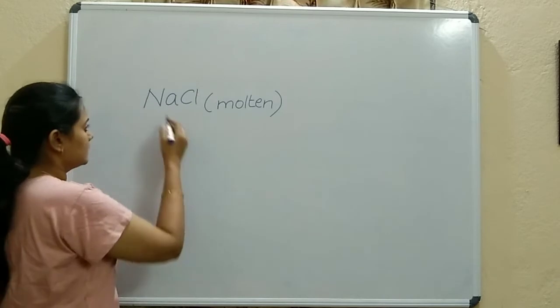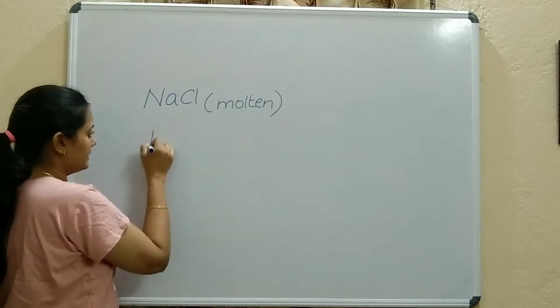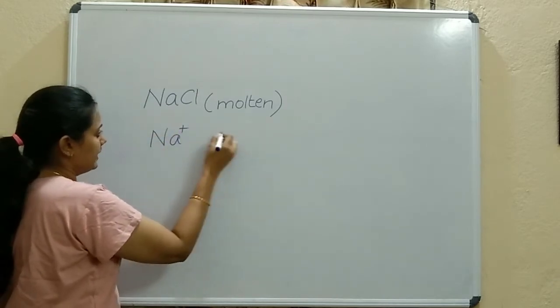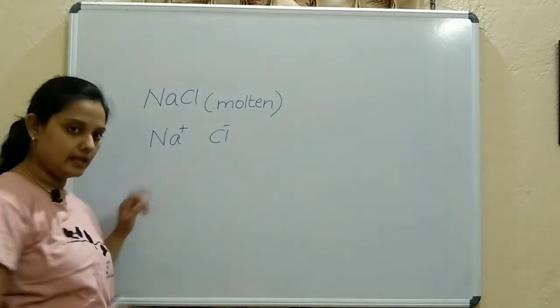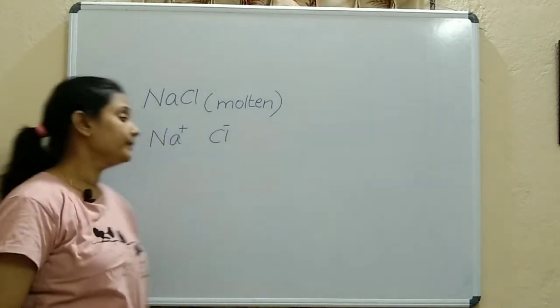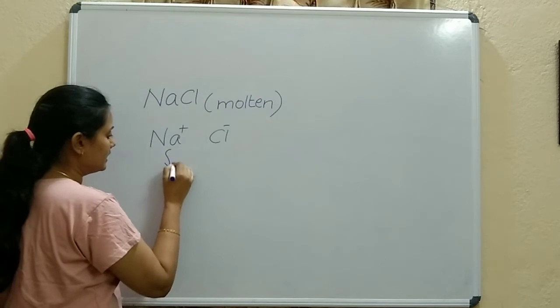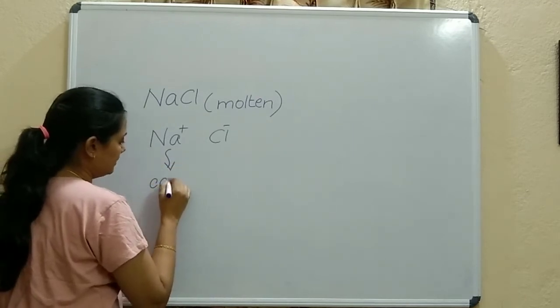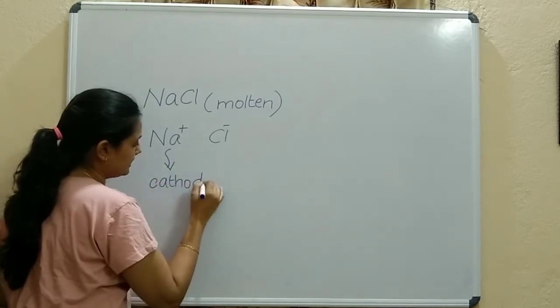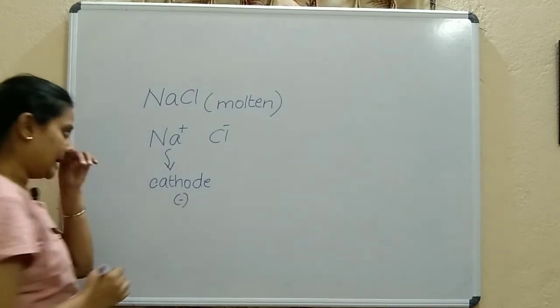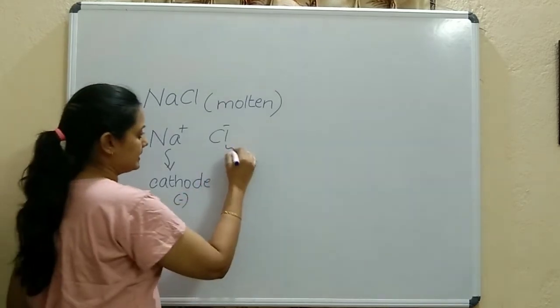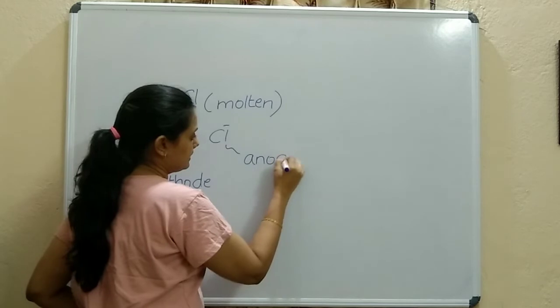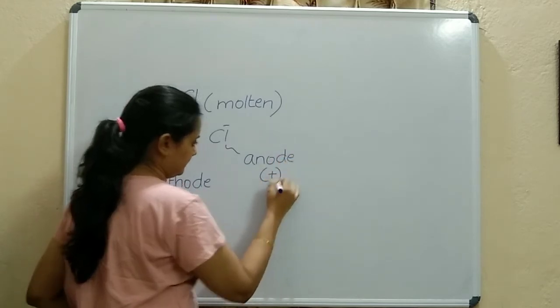Okay. So if the electricity passes, it forms Na+ and Cl- in the electrolytic cell. So Na+ will move towards the cathode because it is the negative electrode, and Cl- will move towards the anode because it is the positive electrode, right?